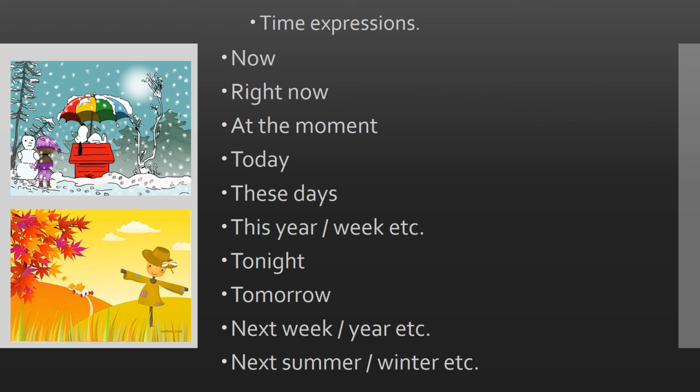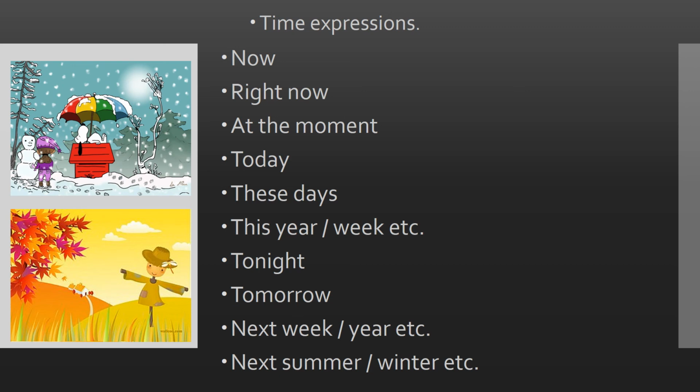And to finish the presentation, I have a couple of time expressions that you can use to make your sentence better. Okay? The first one is now, right now, at the moment, today, these days, this year or this week, etc. Tonight, tomorrow, next week, next year, etc. Etc. means that we can use next and a period of time.